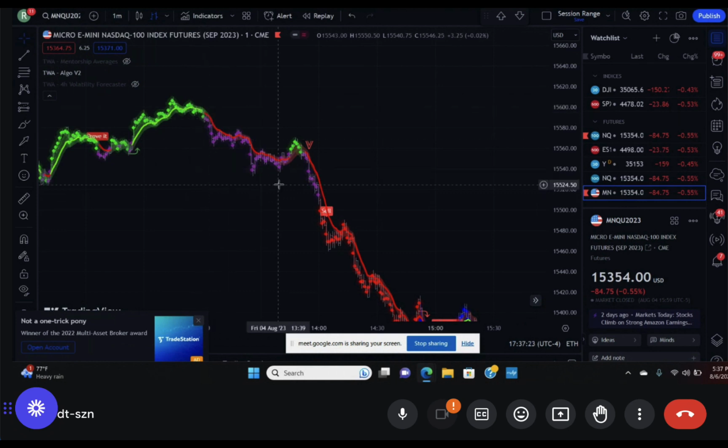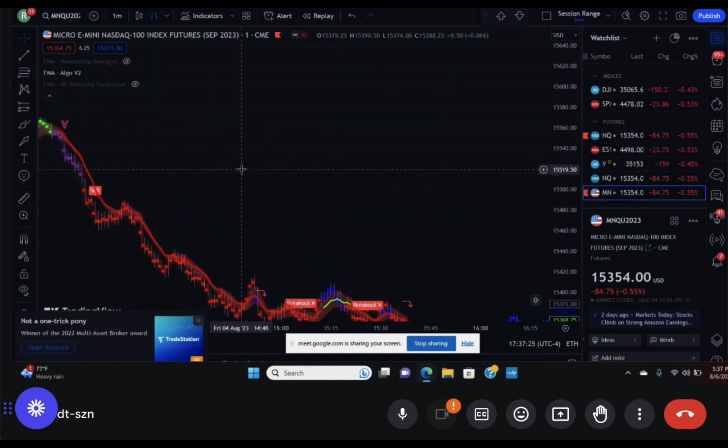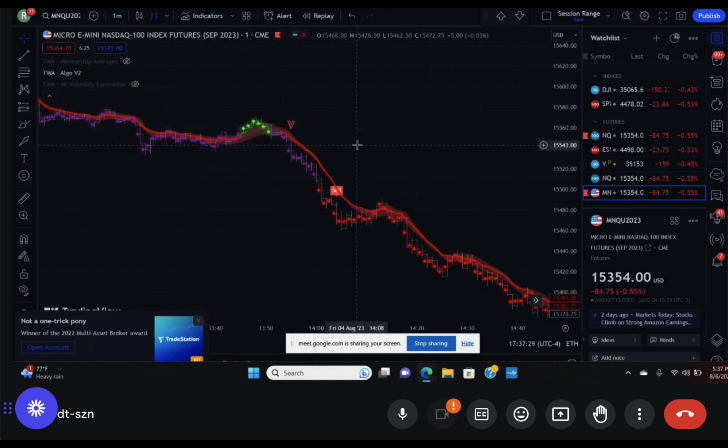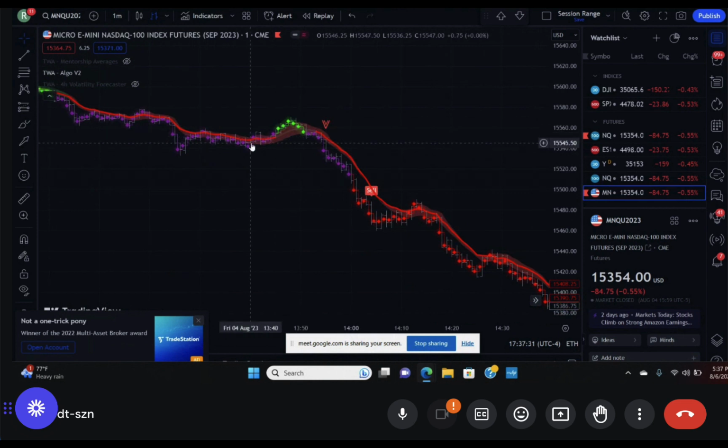And then I'm looking for the cloud, which you can see right here. Once it turns red, I have the evidence line and the cloud both showing red, then I'm starting to look more for a short. And then down here, when the reversal band starts to turn red, now I'm fully committed to a short. Nice. Yeah, exactly. Really good. So let's go into the V2.